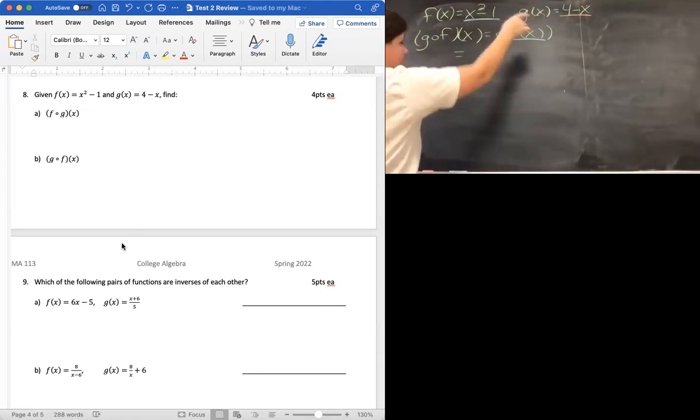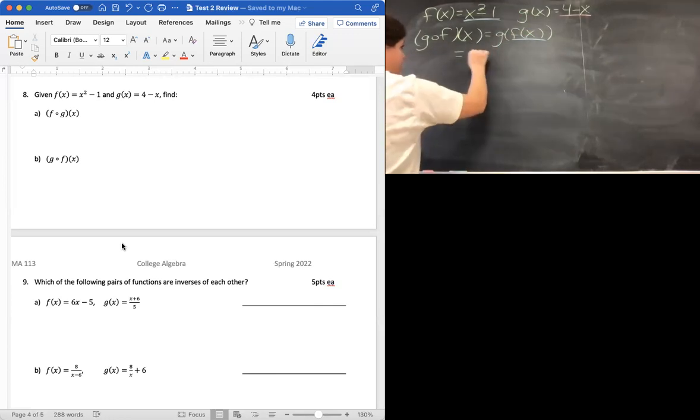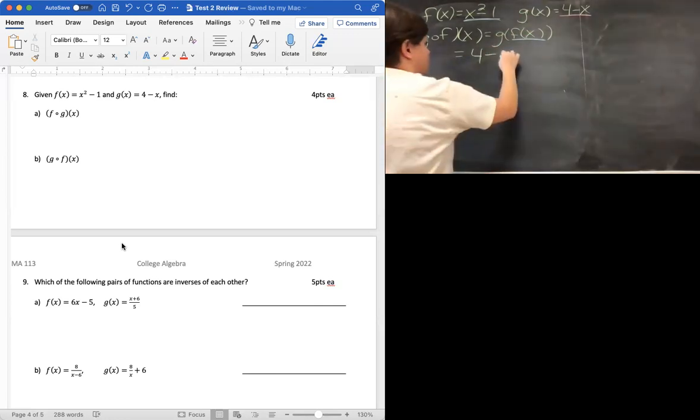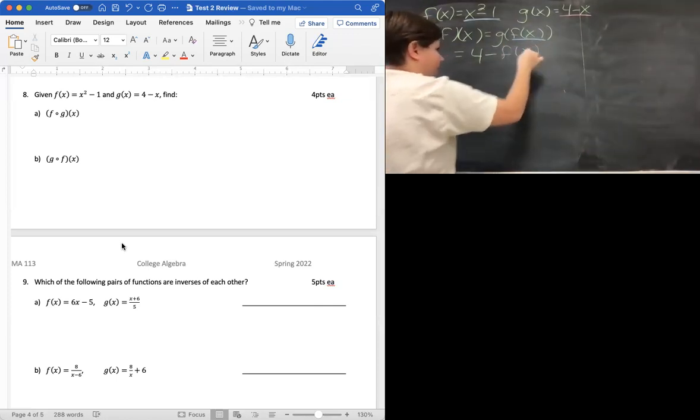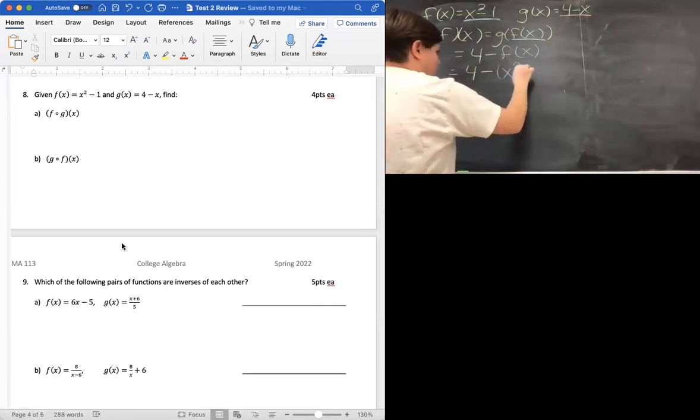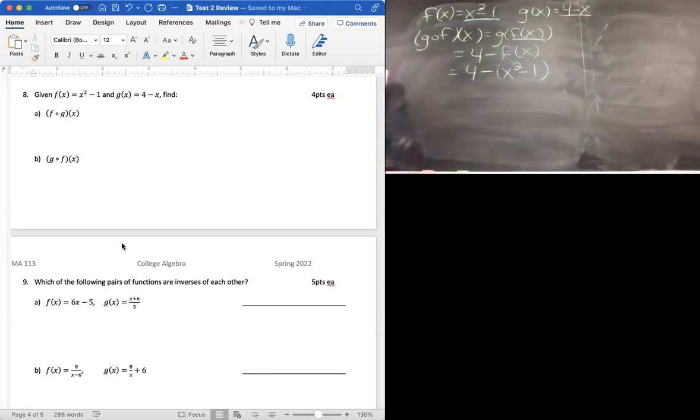So what that means is I write my equation for g of x, I write 4 minus, but then instead of writing x, I'm going to write f of x. So that's 4 minus, well, what is f of x? It's x squared minus 1.